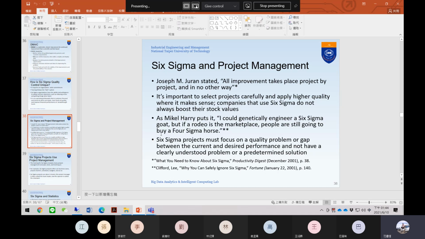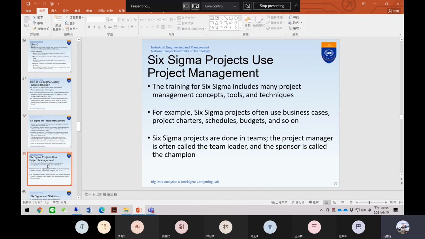Then you need to define what the problem is and what kind of data should be collected. This is the procedure we should follow. First of all, we need to identify what kind of problem we are trying to tackle.